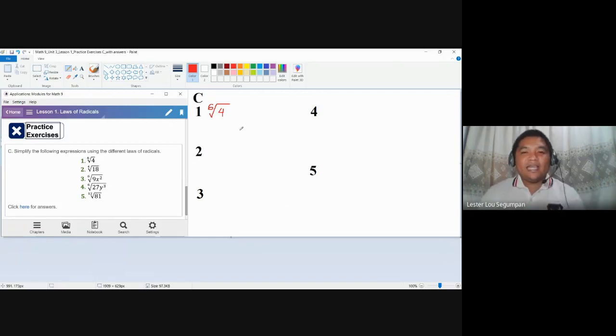And this radicand, being 4, is not a perfect sixth number. However, we can still simplify this better because we know that 4 is a perfect square number. With the power law of radicals, we can present the index as a product of two different numbers.